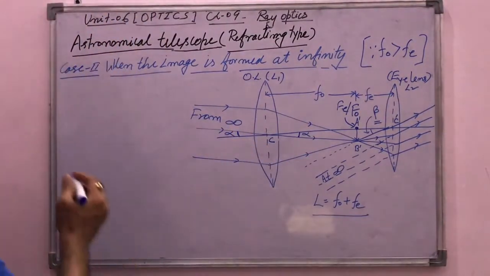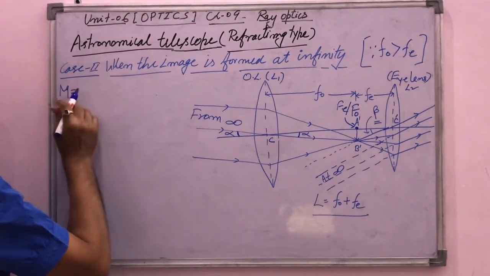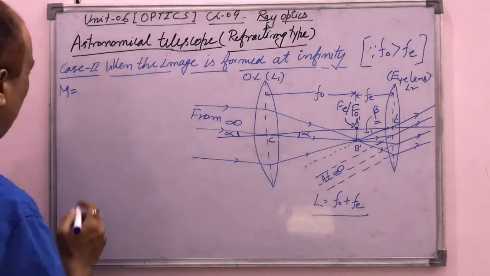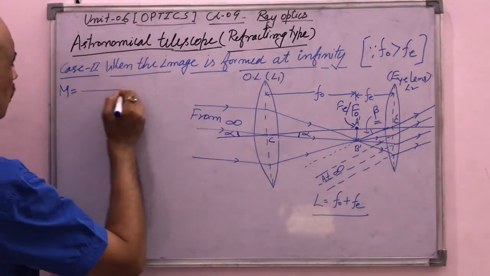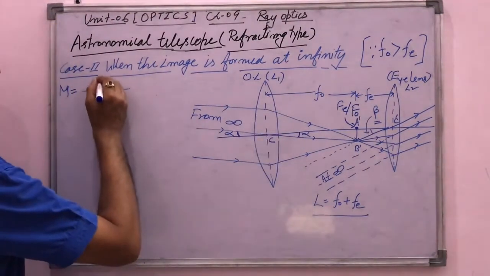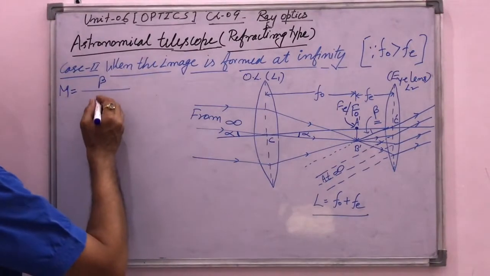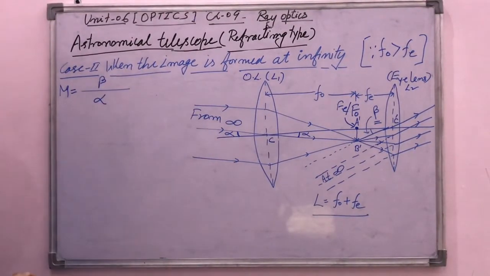Now the magnifying power M of the astronomical telescope is always equal to the angle subtended by the image at the eye lens to the angle subtended by the object, that is alpha. This is known as magnifying power.